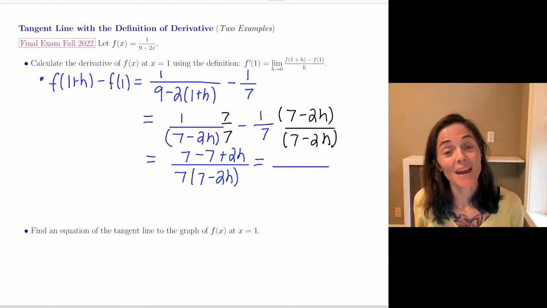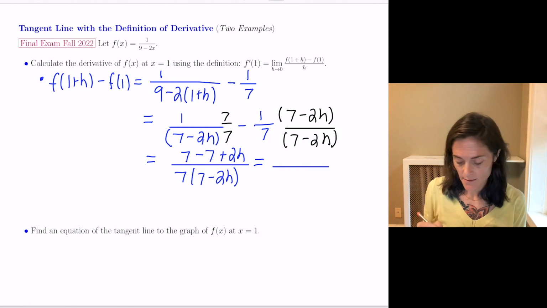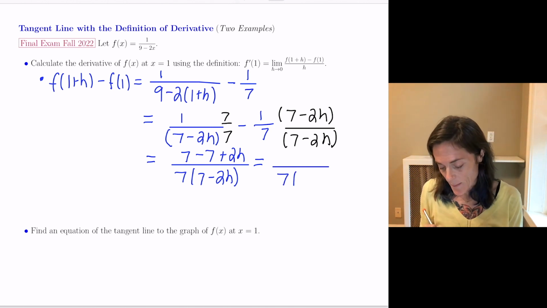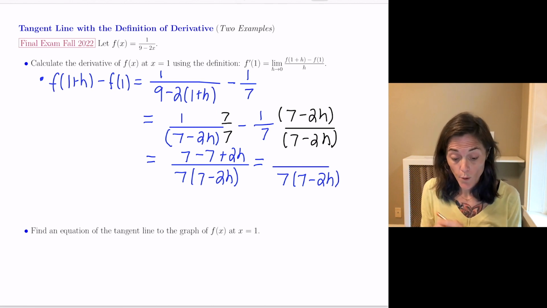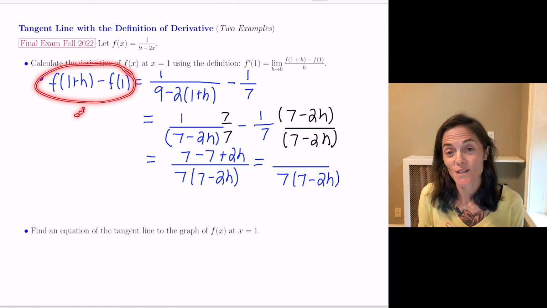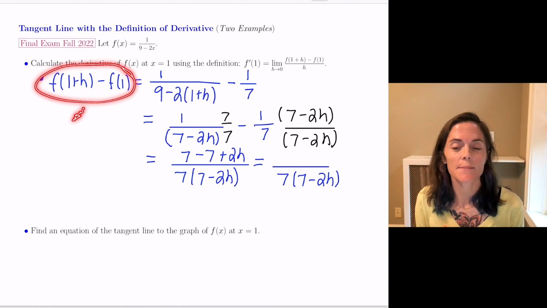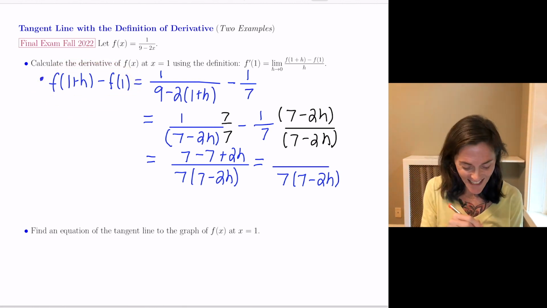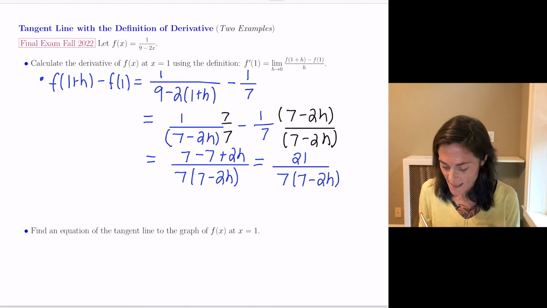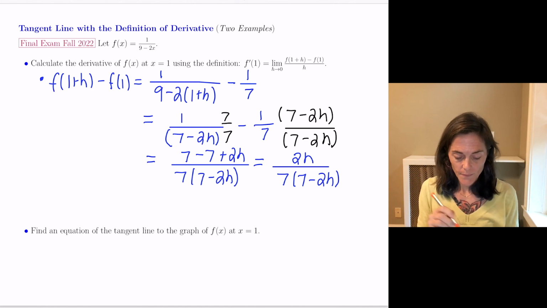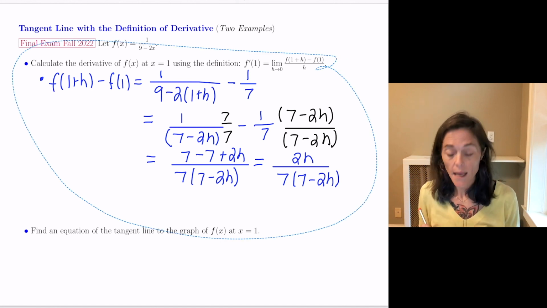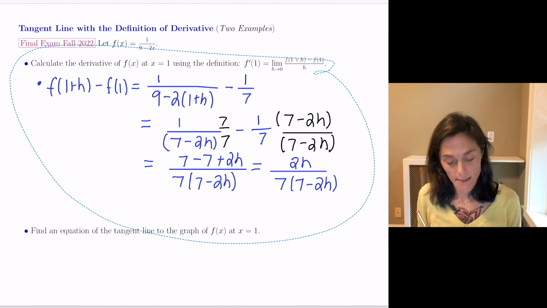You notice my numerator is just 2h, and this is where we want to end. Because my strategy in all of these, when I work with the numerator part of the difference quotient, I want to make this h times something. And I have done so. We have 2h. Now, let me make this slightly smaller, and I'm ready to jump into my limit.